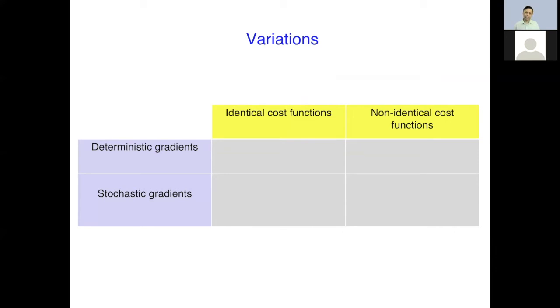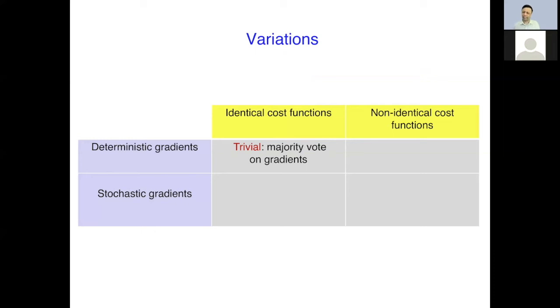And identical cost functions are interesting, for example, in the machine learning setting, particularly with stochastic gradients. But if all the agents have the same cost functions, meaning f1(x) equal to f2(x) and so on, and the gradients being supplied are deterministic, then each fault-free agent must be supplying to the server an identical gradient.